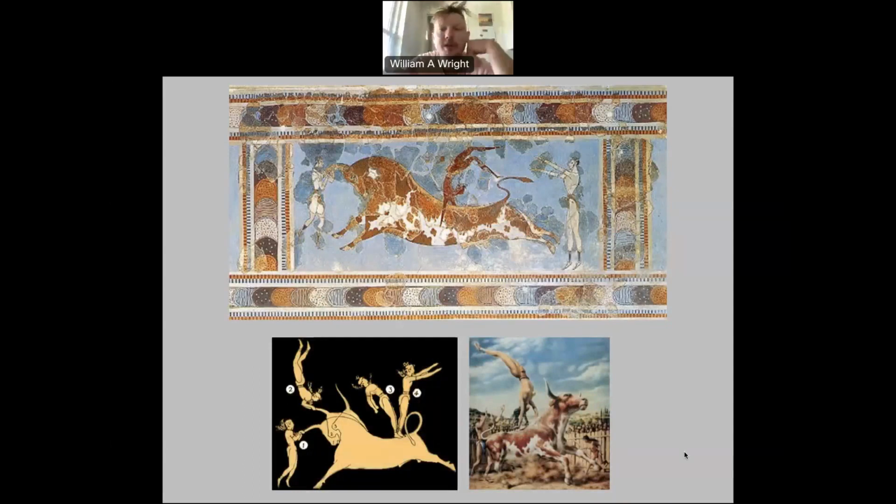But they would do all these stunts, and their art reflected this veneration of the bull and the rituals around the bull. And it's partially because their origin story traces back to their founding royals being the offspring of a bull and a human, right?